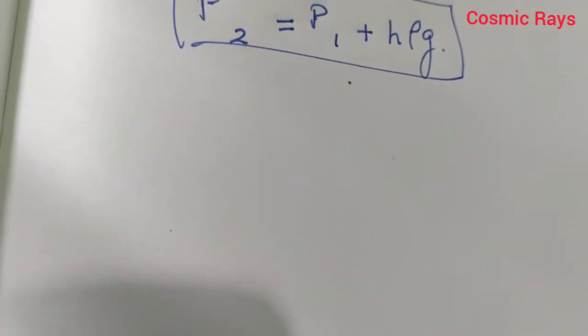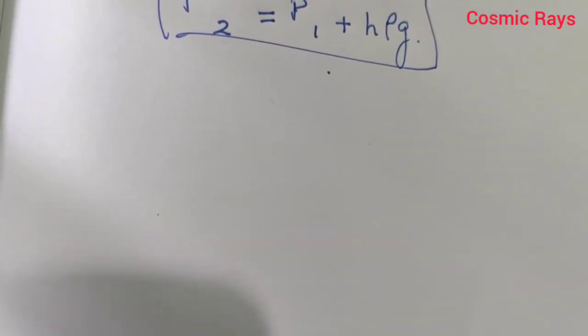So we have to keep in mind that the liquid pressure will be the same at all points at the same depth, but below the liquid surface, as we go deeper, there will be something called atmospheric pressure that we have not talked about.